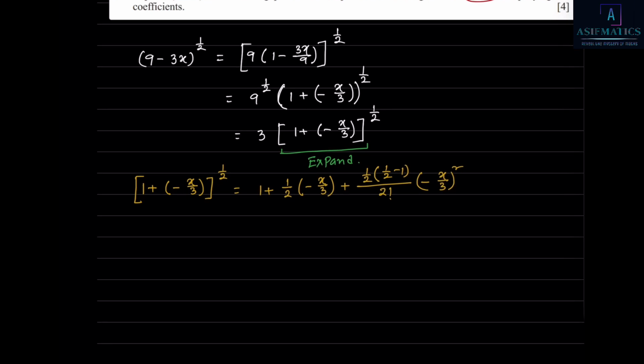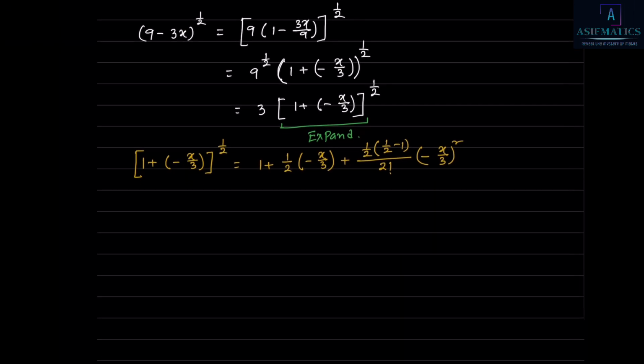So we can simplify this part. We can now write 1 minus x by 6, and then we will have minus, here you can get 1 by 8, minus 1 by 8 times x square by 9.